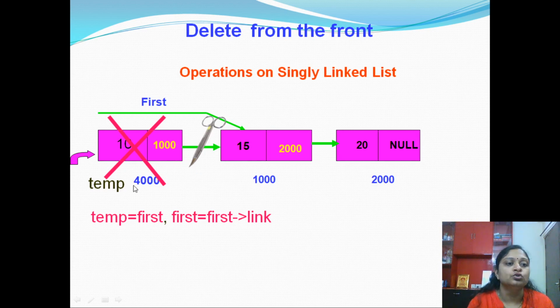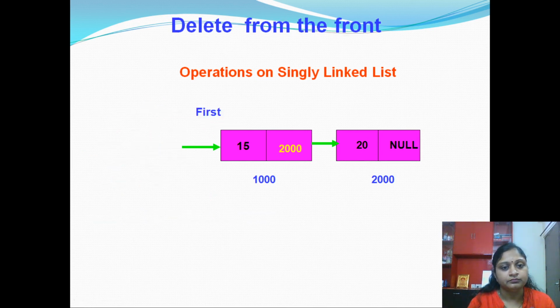So whenever I use free temp, because this is my temp and now this is the first variable, this memory will be deallocated and automatically this first element from the linked list will be deleted. After that my linked list contains only two elements, 15 and 20.